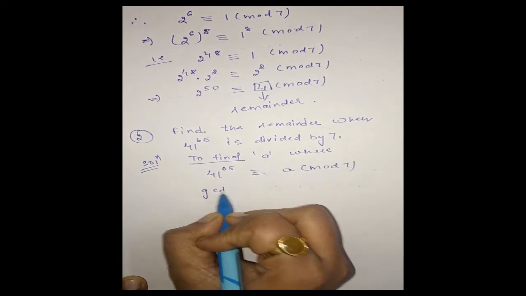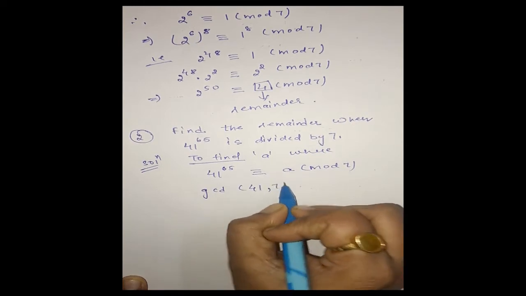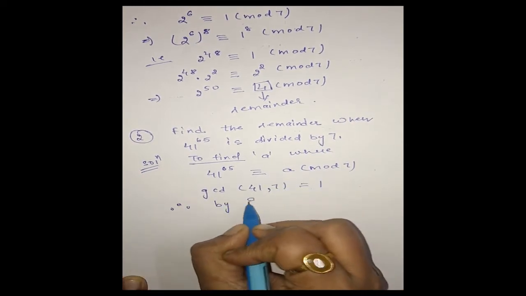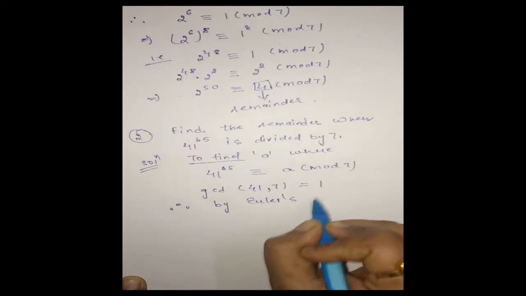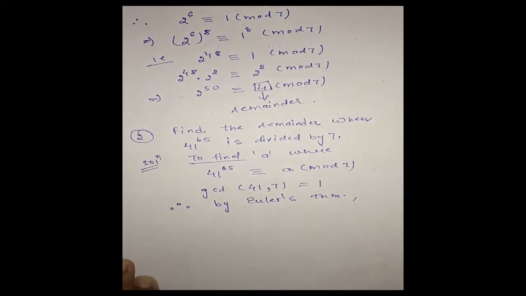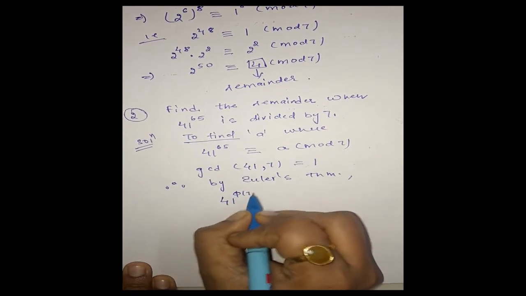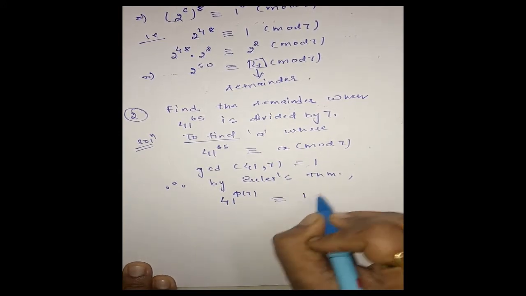Now GCD of 41 and 7 is 1. Therefore by Euler's theorem we have 41 power phi of 7 is congruent to 1 modulo 7.